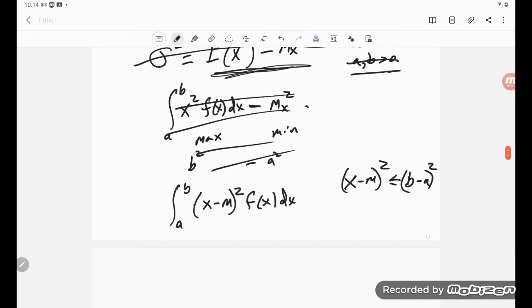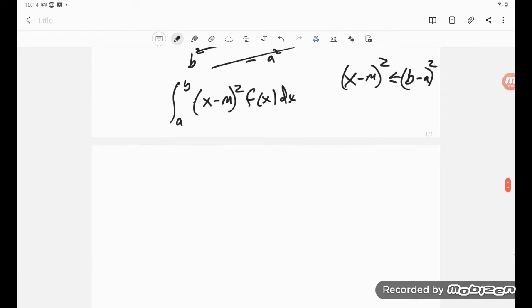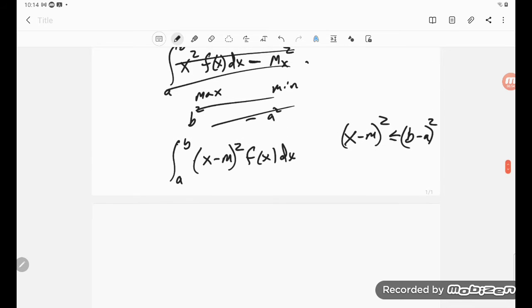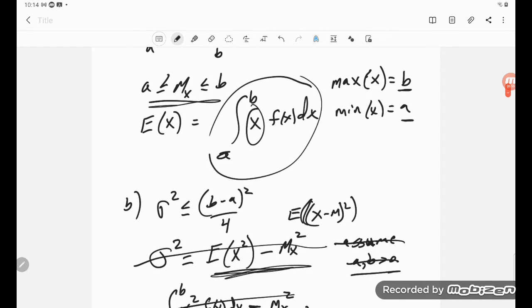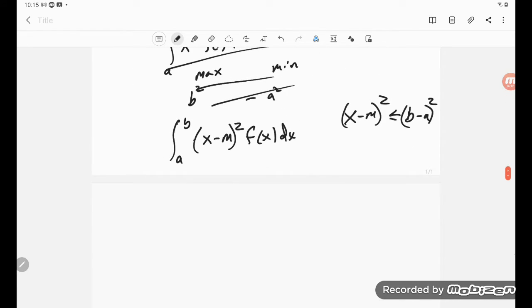And again, they just want us to show the less than or equal to. So I've got the (b minus a) squared, because x, I can make that as big as b, and m had to be between a and b. Okay, and so I have the squared there.